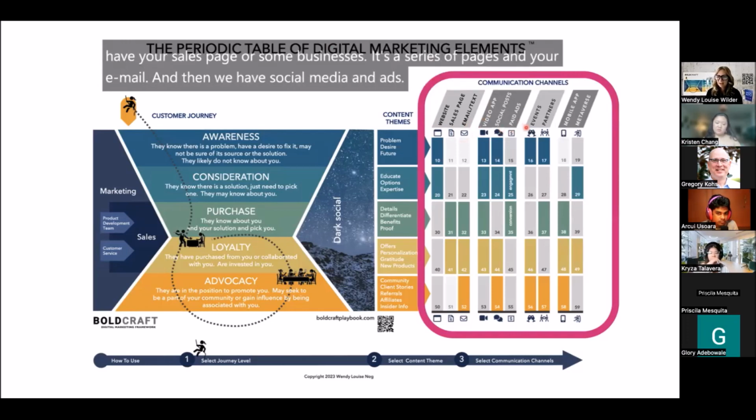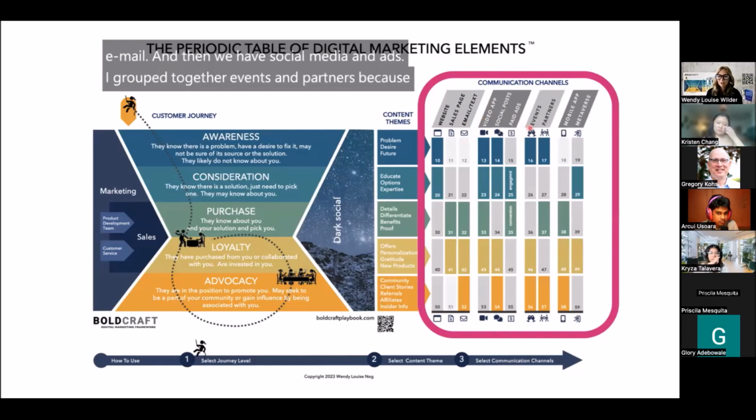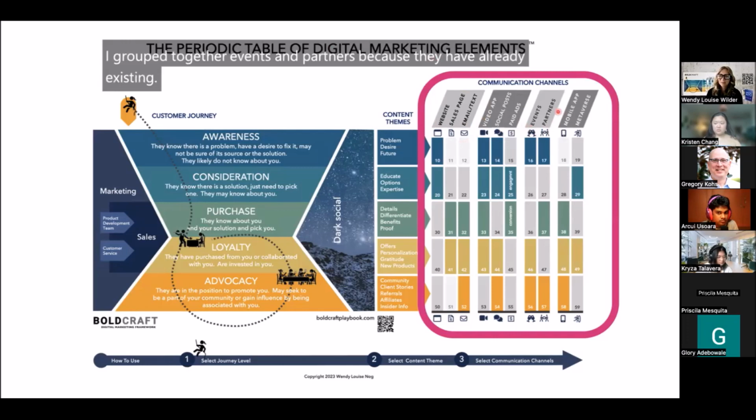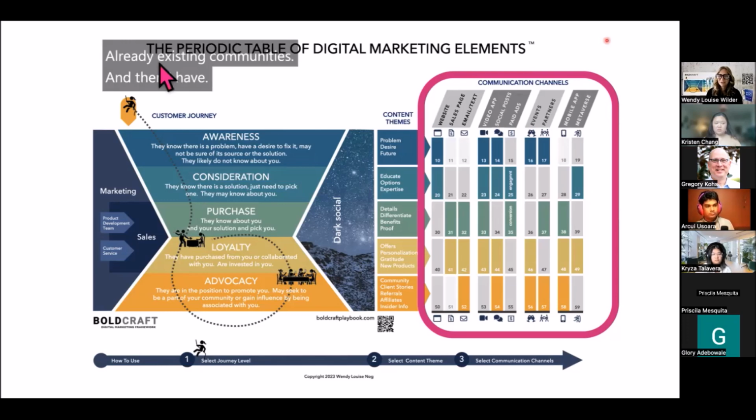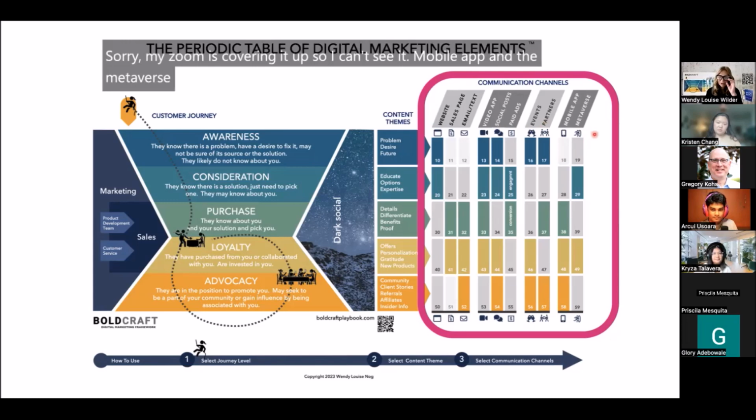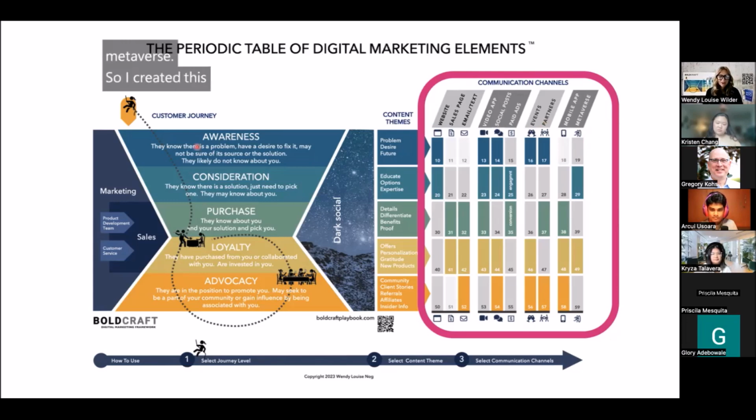I grouped together events and partners because they have already existing communities. And then I have, sorry, my Zoom is covering it up so I can't see it, mobile app and the metaverse. So I created this grid and then I went across and I color coded it.